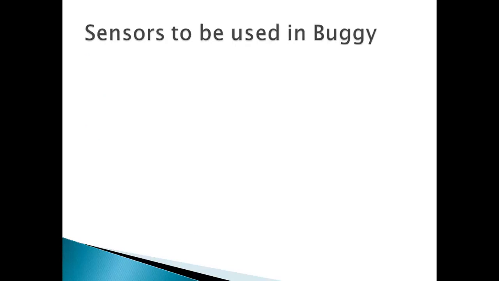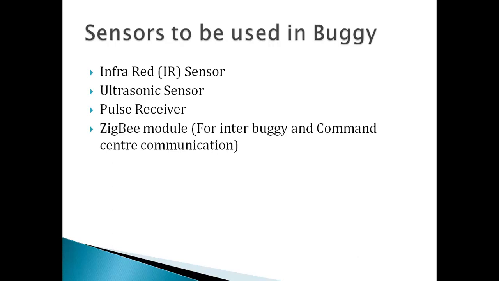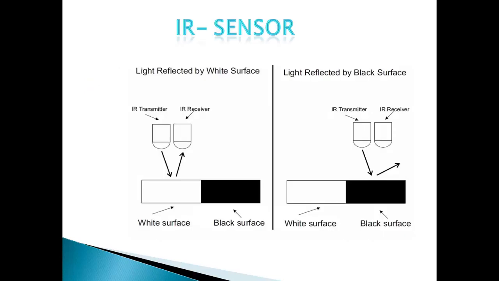So what are the different sensor technologies that you are going to use in the buggy? The first one is infrared, called the IR sensor, then the ultrasonic sensor, the pulse receiver, and the Zigbee module for inter-buggy and command center communication. What is an IR sensor? The IR sensor basically works with the intensity of the light.